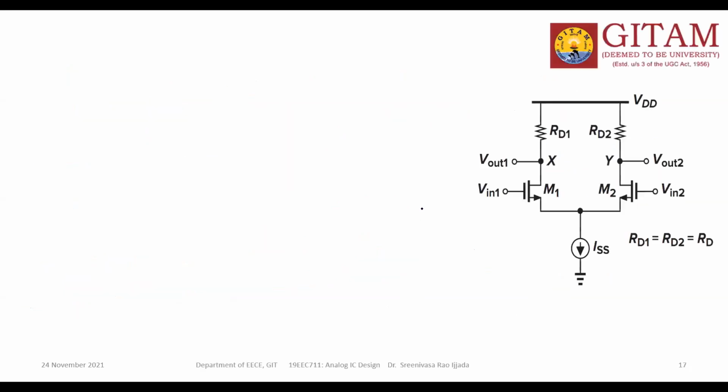Is it clear? We will go for the next one. The symmetry is very important, as I told you. Symmetry means both devices should be the same. A perfect match is impossible. It means at a point of time, both devices will drive the same current.